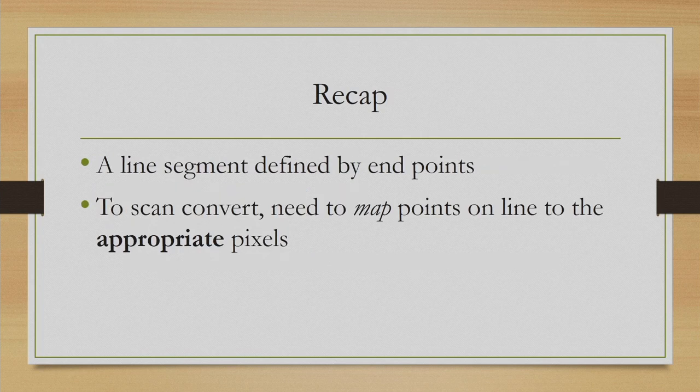And for lines, what did we do? So, we first assume that a line segment is defined by the endpoints, and our objective is to map all the points that are on the line to the appropriate pixels.